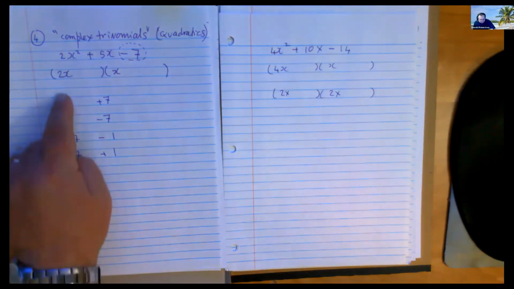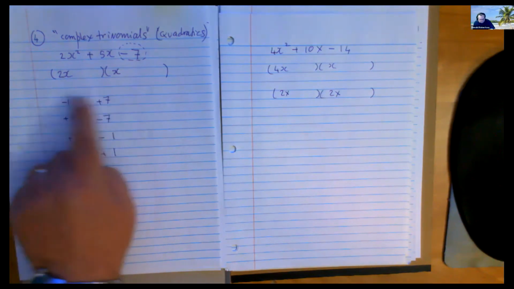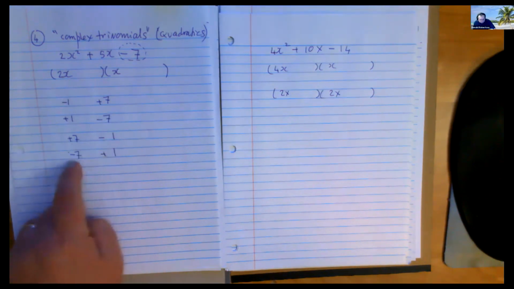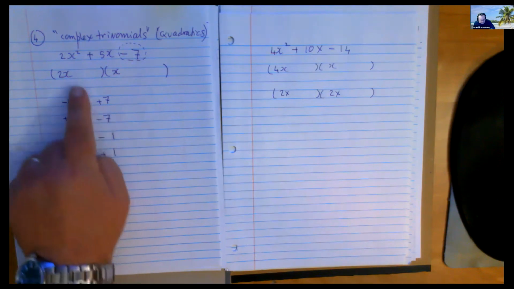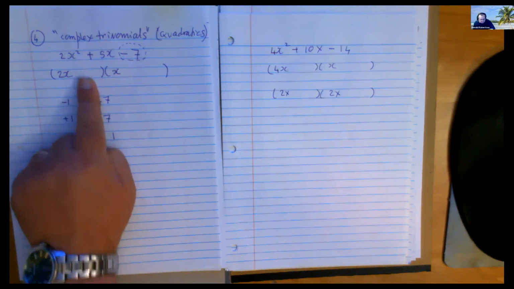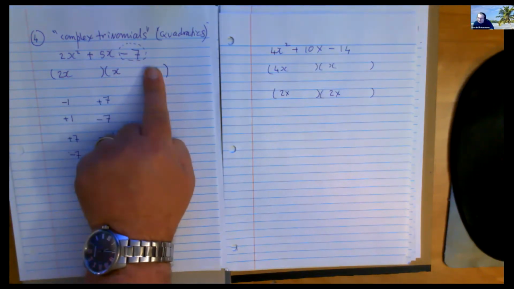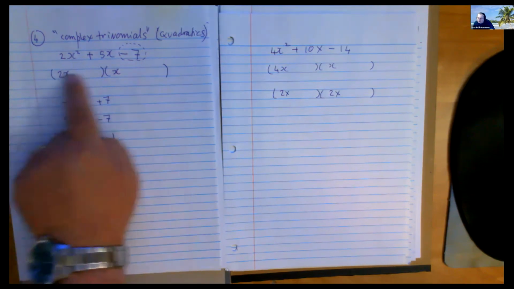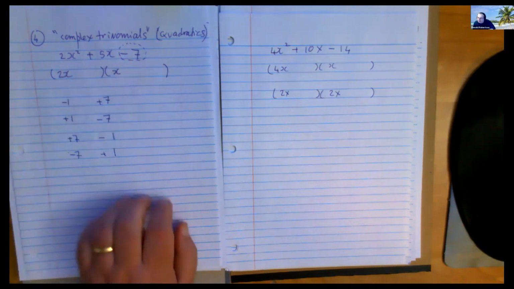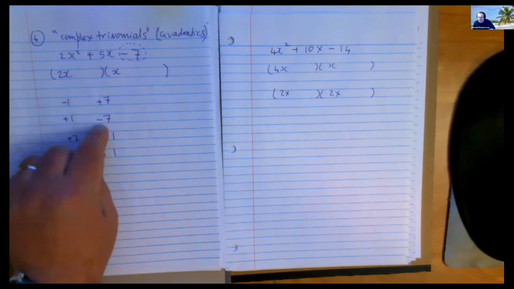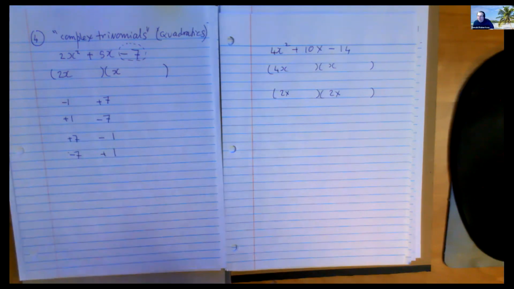But in this case, with the 1 and the 7, positive and negative, where you put them is important, because if I put it here, it's next to a 2x, but if I put the same number over here, it's next to an x, and when you FOIL it out, it's going to be different. But at least I know one thing: there are only 4 options, and one of them has to be right.